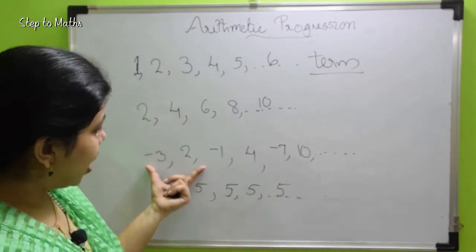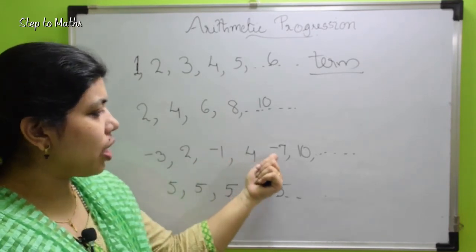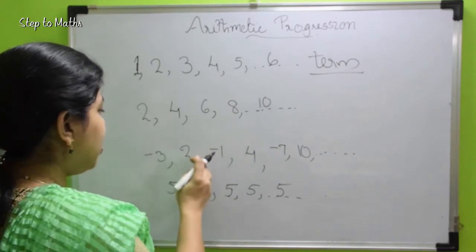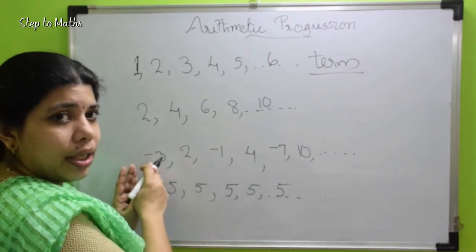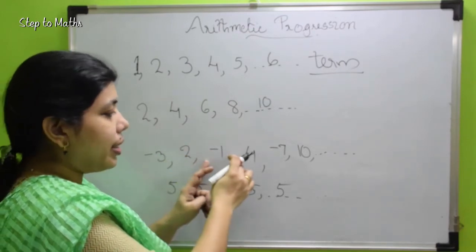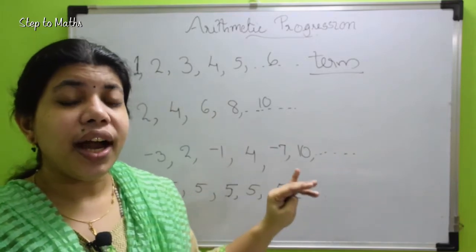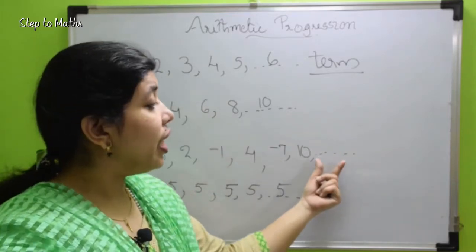But consider this sequence: minus 3, 2, minus 1, 4, minus 7, 10. The first term is a negative number, the second is a positive one, the third is negative. This is also a sequence, but we can't predict what will be the next term.